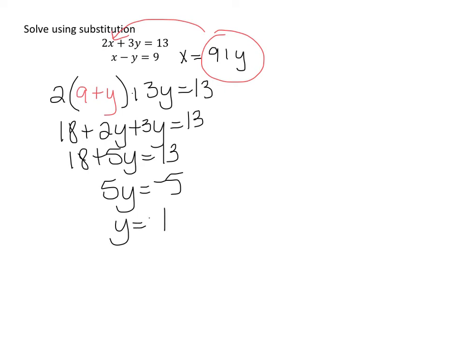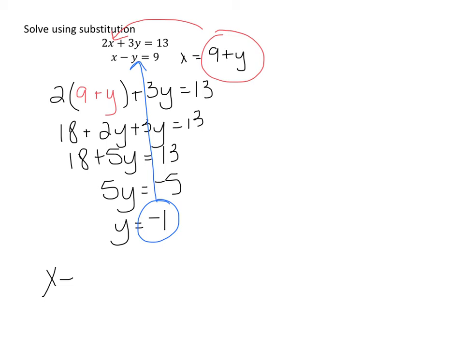I'm not finished. All I have right now is a y coordinate. I then plug this y coordinate into either one of these equations and solve for x. In this case, I'm going to choose this equation, again, because it's a simpler equation. So I'm going to take that -1, I'm going to put it in place of y.